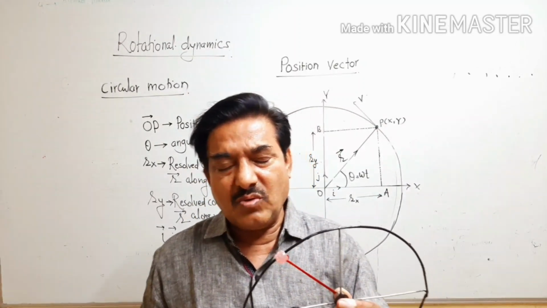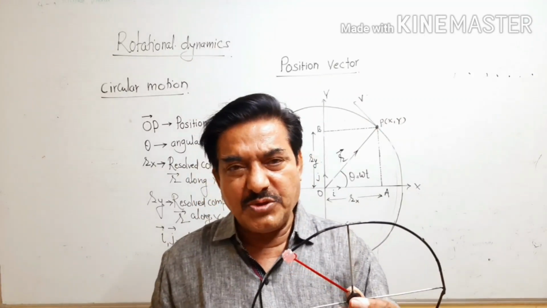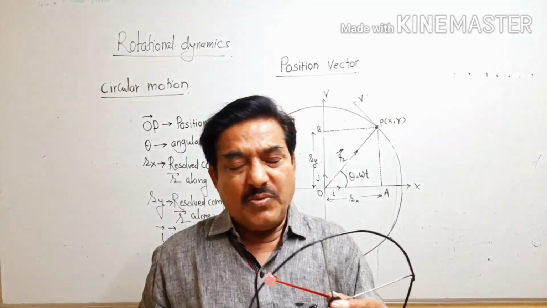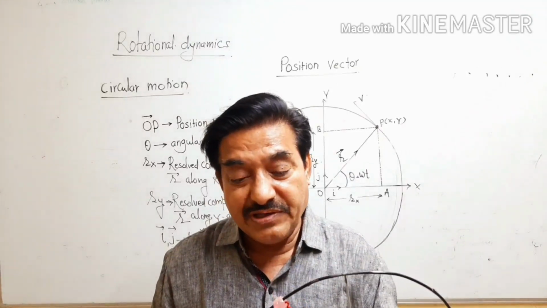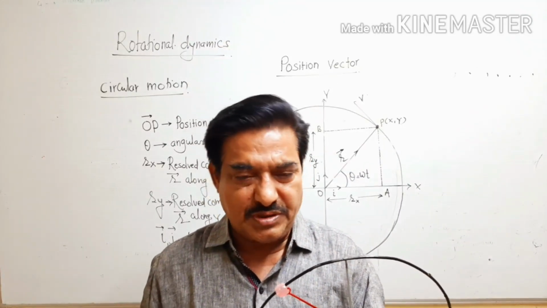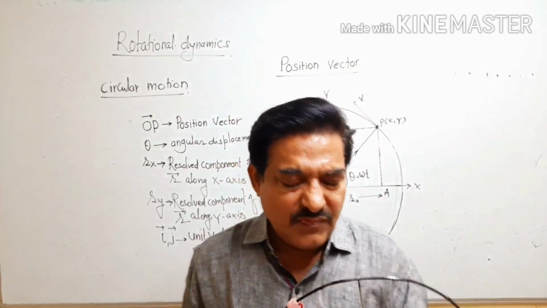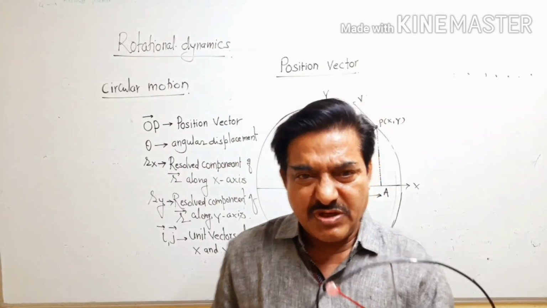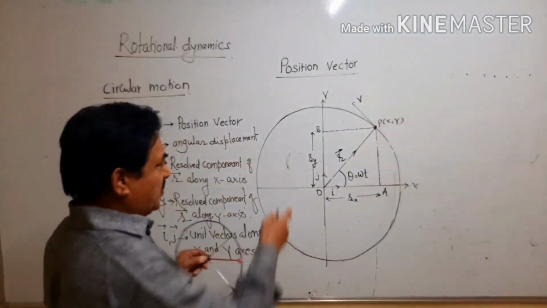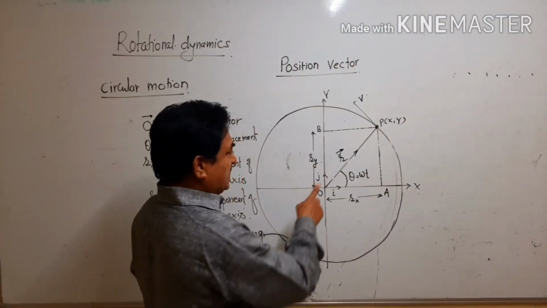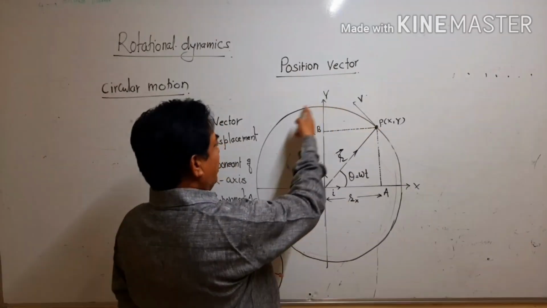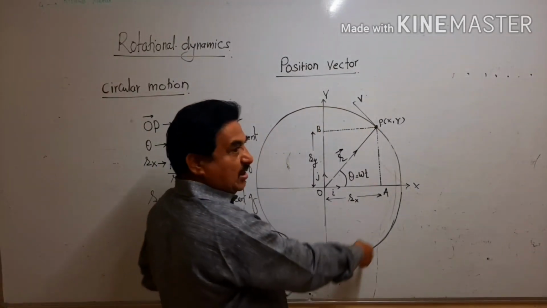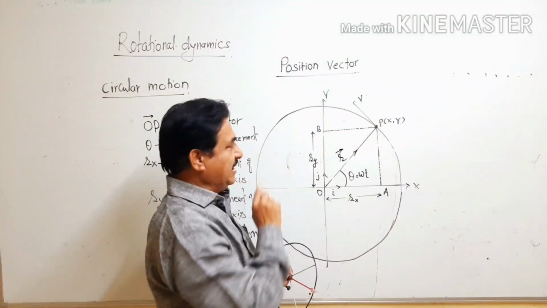So we will see what is the importance of position vector. Position vector always describes the position of a particle in circular motion. If we plot the diagram for a position vector, it is as shown in the figure. This is the center of circular motion, and the particle is performing circular motion along the circumference of the circle.